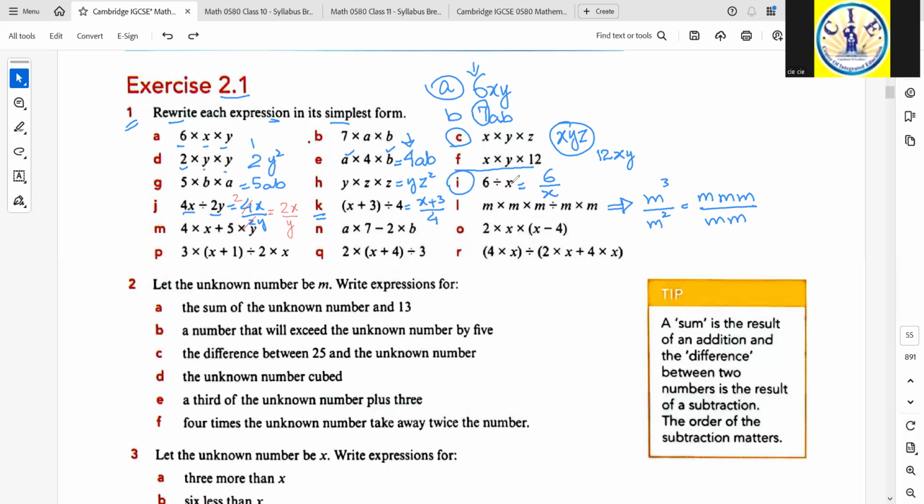Now we can easily cancel them up. So this m gets cancelled out with this m, for example, and this one with this one. So as a final result, we are having this m being left as the final answer. Okay.